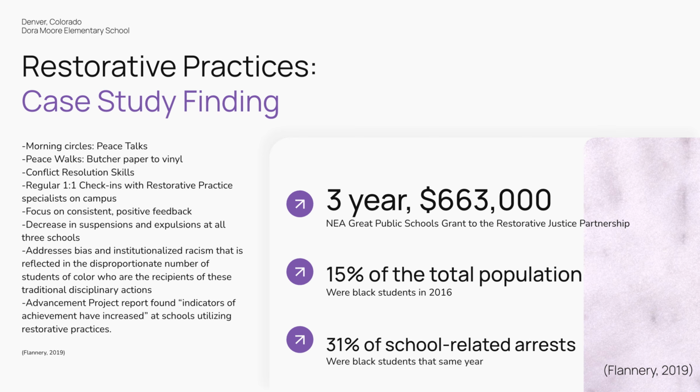So a very disproportionate number, almost more than double the expected population, were the recipients of school-related arrests and referrals. So that school to prison pipeline was something that they were very highly motivated to reduce.